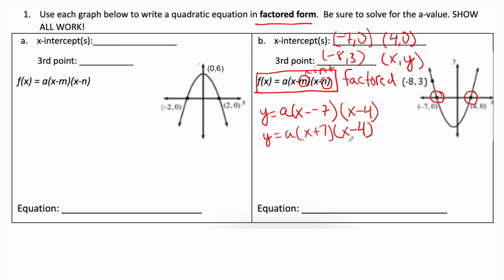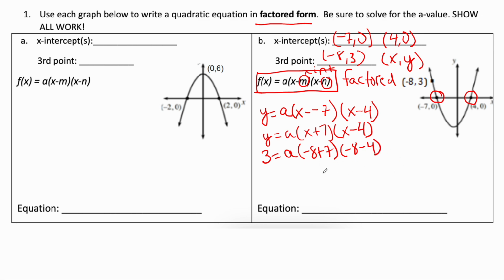And then the only thing I would have left over in this equation would be a, because I can plug in 3 for y, and -8 for x in both places, and then I would just have numbers around a. So y is 3, a we still don't know, x is -8 plus 7, x again is -8 minus 4.